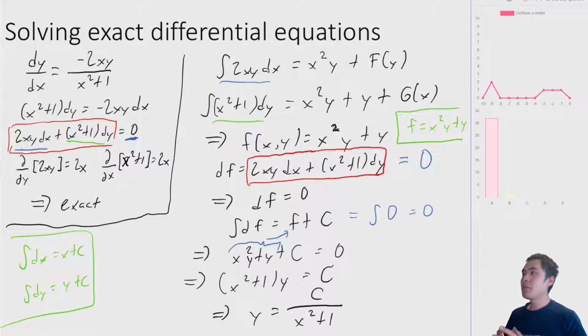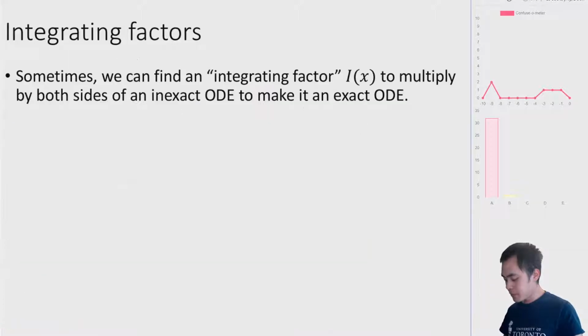But this is super important because it means that if your differential equation has this form to begin with, you can solve it in this way. So this is another tool that we have for solving exact differential equations. Okay, so moving on to the next slide.